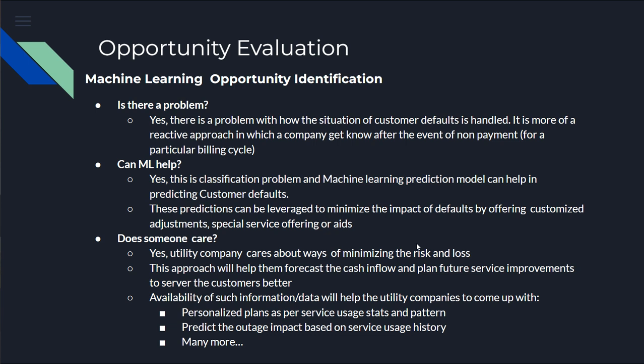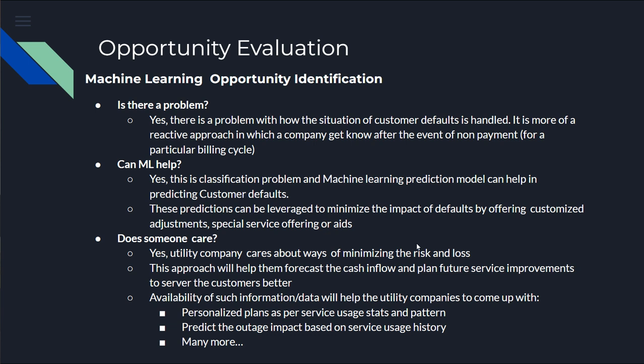If they can identify the customers with a high probability of defaulting, these aid programs can be introduced to them so that, if not 100%, then at least a partial amount of that money can be recovered from those customers.